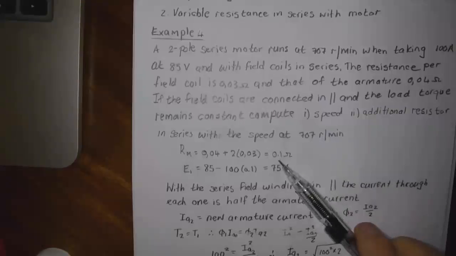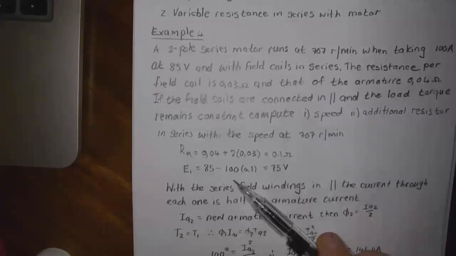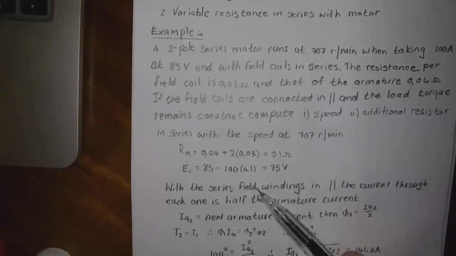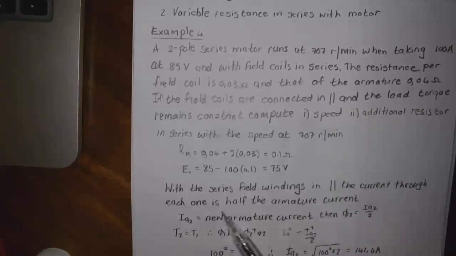Then the motor resistance is 0.1 ohms, and E is 85 minus 100 times 0.1, which gives us 75 volts. Now with the series windings in parallel, the current through each one is half the armature current.